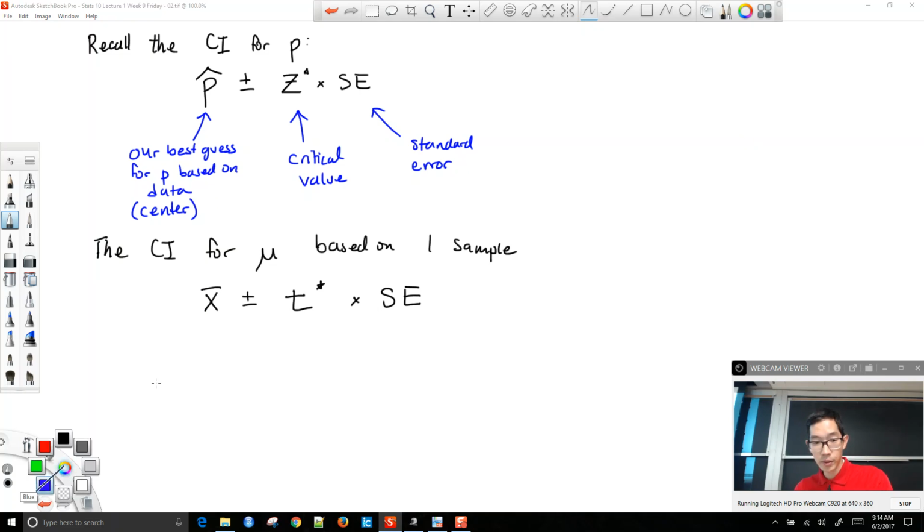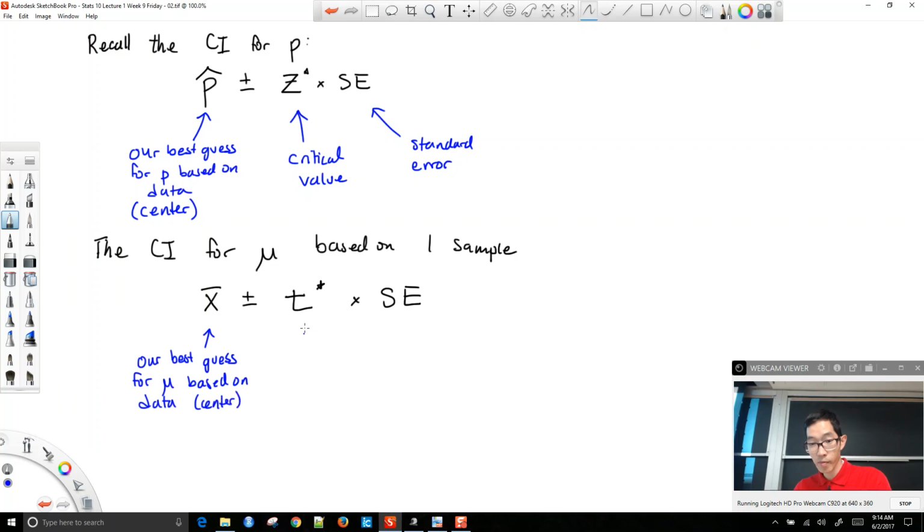So x bar serves as our best guess for mu, instead of p, based on the data, and this will be our center. T star is our critical value. This comes from the table.